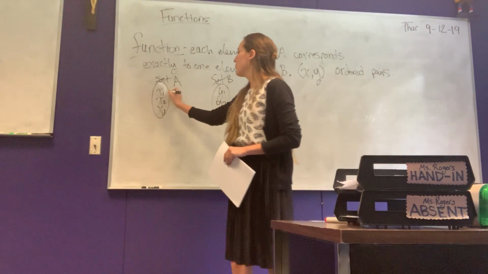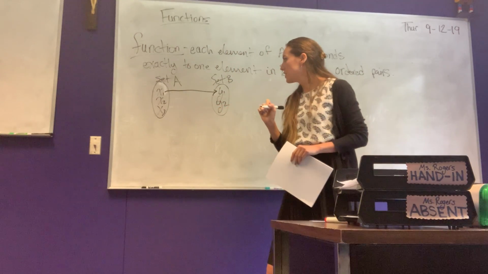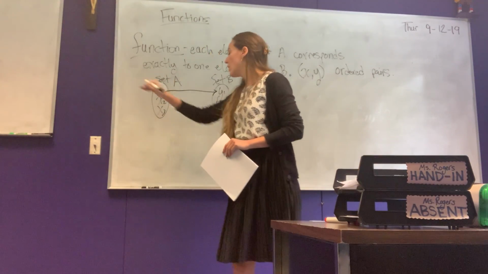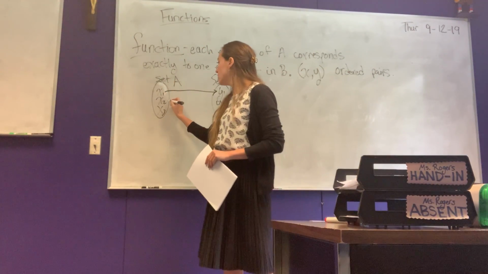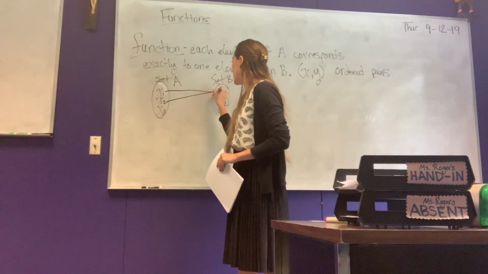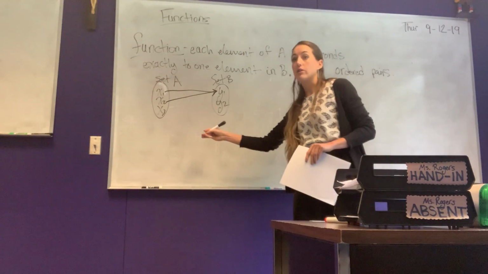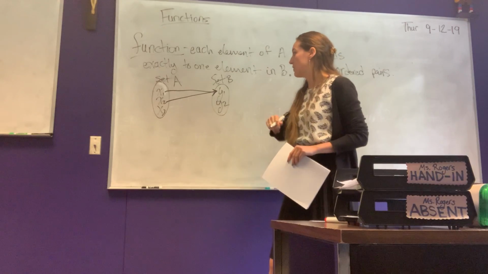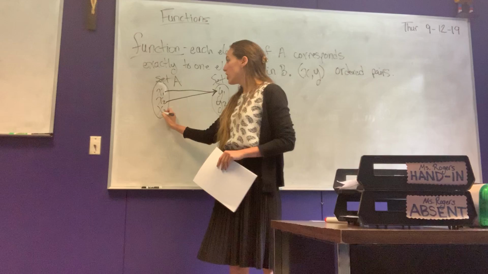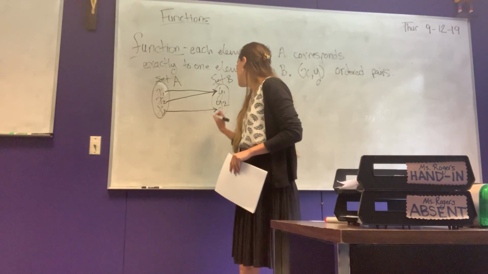My first x is matching up with my first y. So this is like putting the x1 into the function machine and you get out the y1. Now x2, different number, right? I'm putting that into the function machine, and I'm also going to get y1. That's okay. We can get the same number out of the function machine after putting in a different number. And let's put in a third x, which gives us a different y.